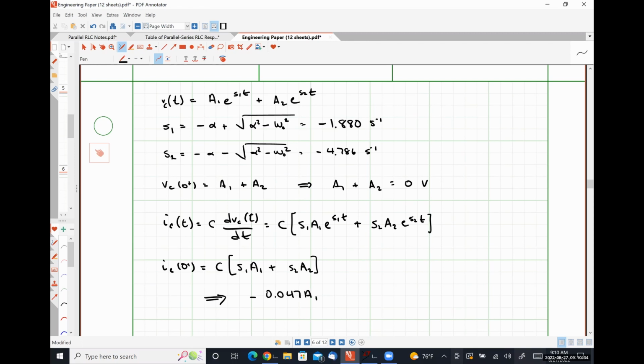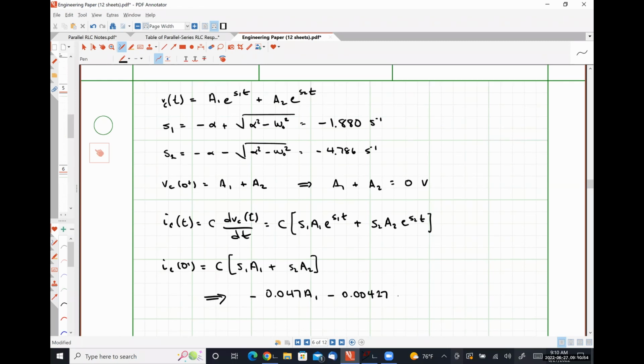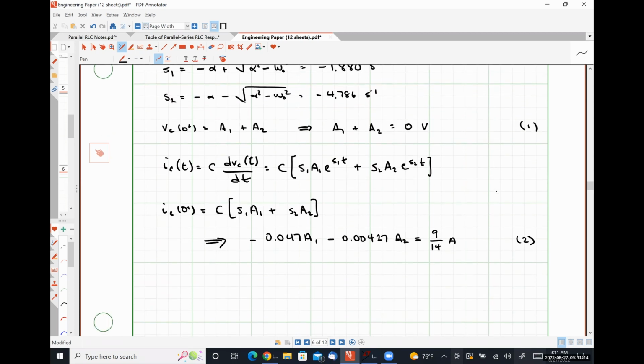And then we're going to have C times S2, which is going to look like negative 0.00427 A2, is equal to IC at 0 plus, which was positive 9/14 of an amp. So here's equation 1, here's equation 2. I'm going to solve these guys simultaneously.